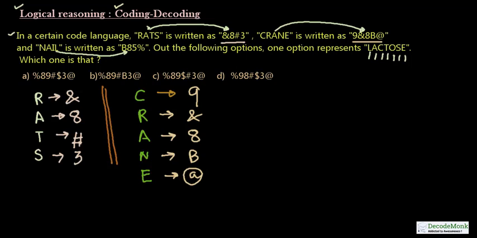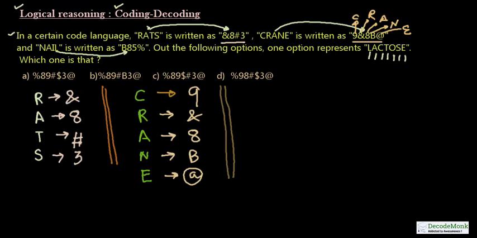In a real test you need not do this, because on the question paper itself you can write it down like this. Suppose this is the code, you can write down over there only, like C ampersand R A N E. But you have to be very careful while writing this, so that you do not make any mistake.